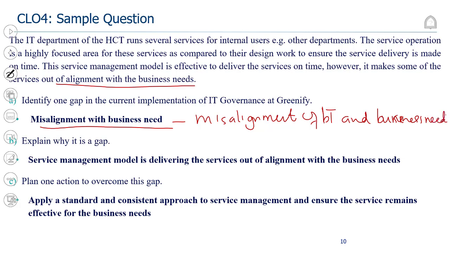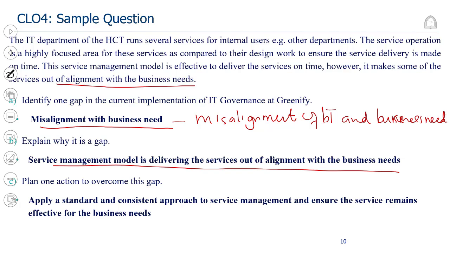The two are not aligned, okay? Explain why. The answer is there: because the service management model is delivering services which are out of alignment with the business needs. They have this service delivery model that is making things not align. So that is why it is a gap.